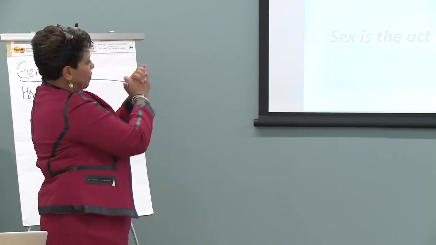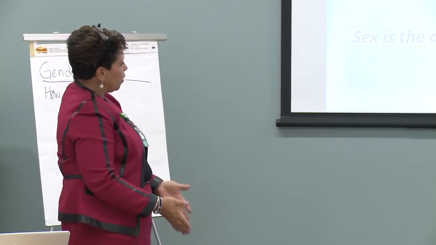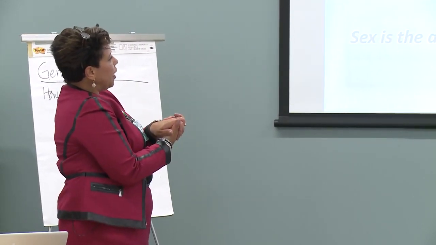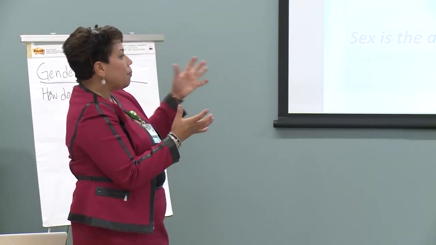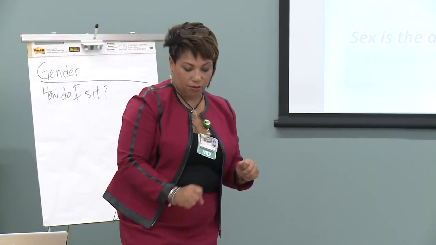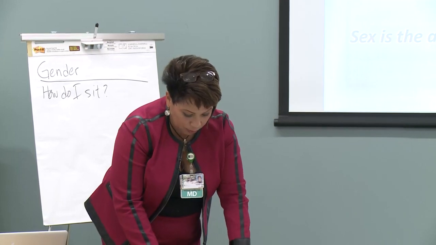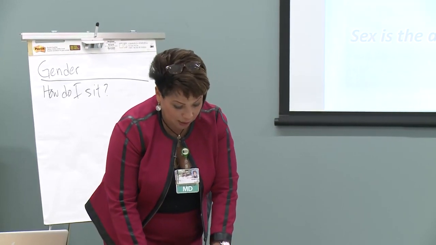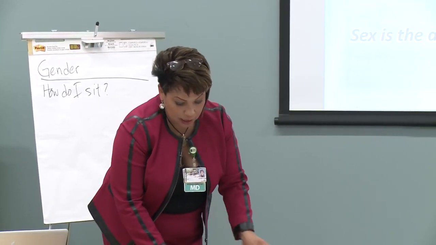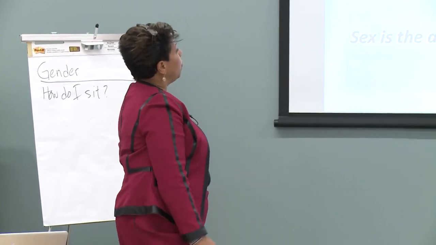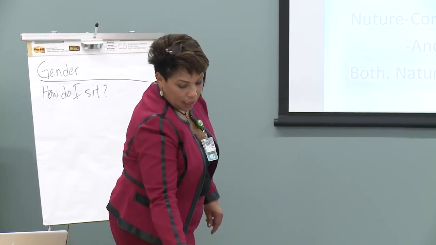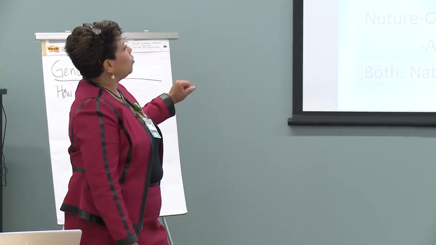So sex, again, refers to those reproductive organs, the act of recreating for intercourse, for reproductive purposes, or for pleasure. Because all sex is not just for reproductive purposes. Even the people who say it is are not being honest. That's what I heard from a few people. This was a medical school joke that we had.